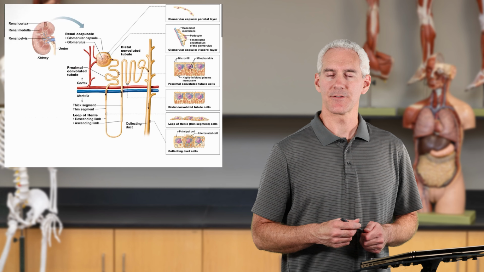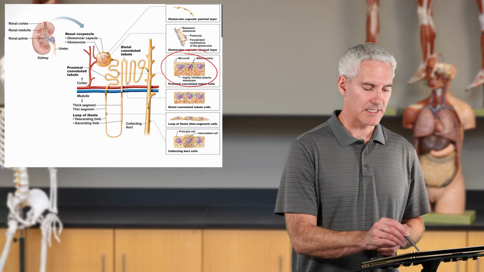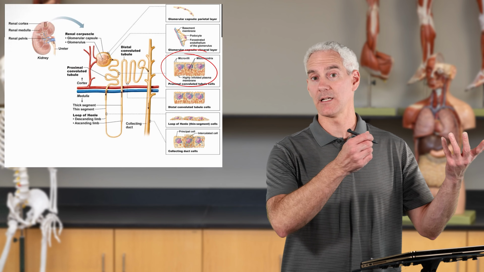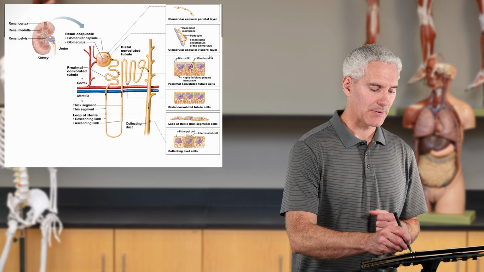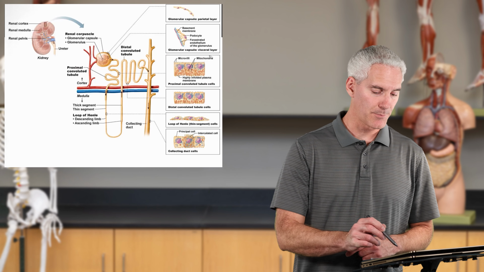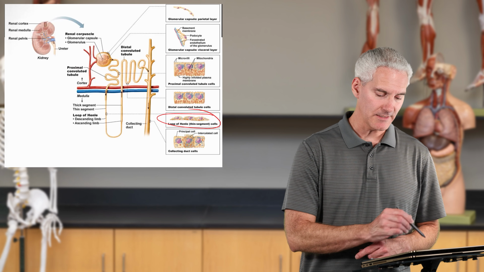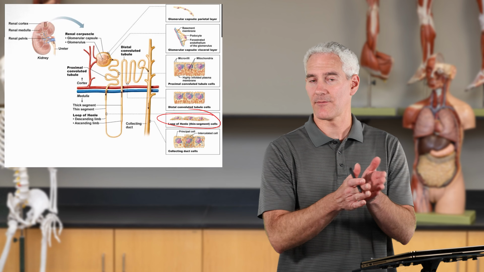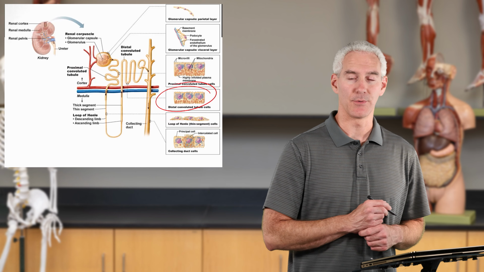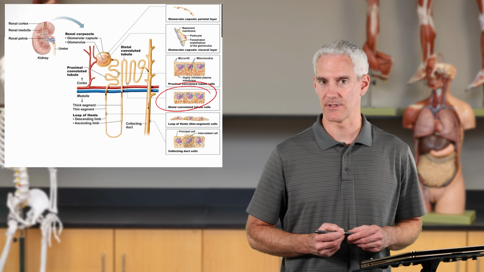So again, looking at the different tissue types, you'll notice that the proximal convoluted tubules that are located up in the cortex have plenty of microvilli on their surface. But then you get to the loop of Henle, thin segment there, a little bit flatter cells. But then the distal convoluted tubule, notice there's not as many microvilli.